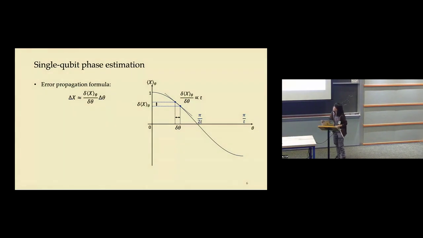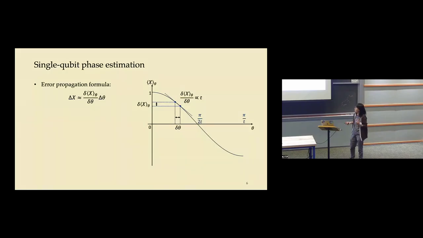Here I'm showing the plot where the horizontal axis is theta, the unknown parameter, and the vertical axis is the expectation value of X. By estimating the expectation value, you can infer the value of theta from the relation between these two. Clearly the slope of this function determines your estimation precision.